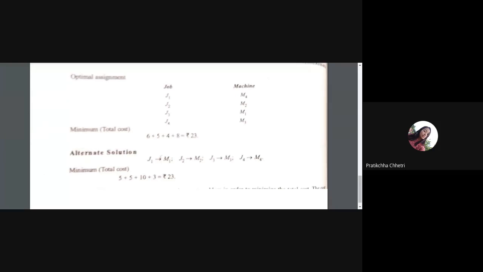Zeros in one particular row. Pratiksha, please tell me again. Your voice was completely cracking in the beginning. Tell me again. Zeros in one particular row. Yes, ma'am.